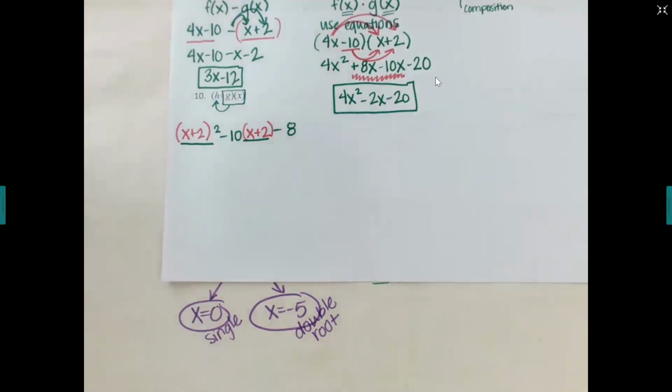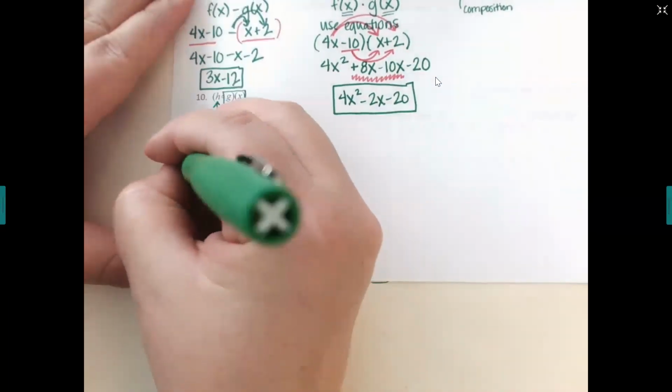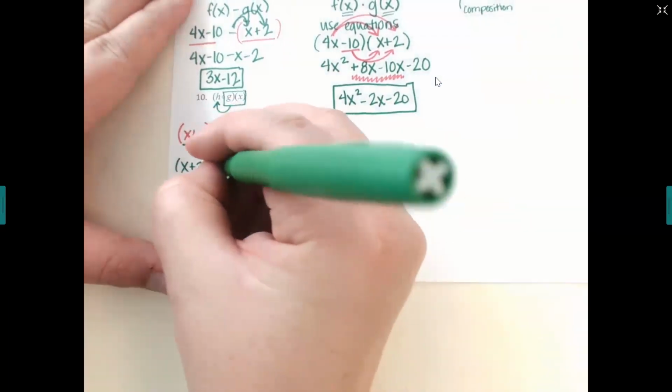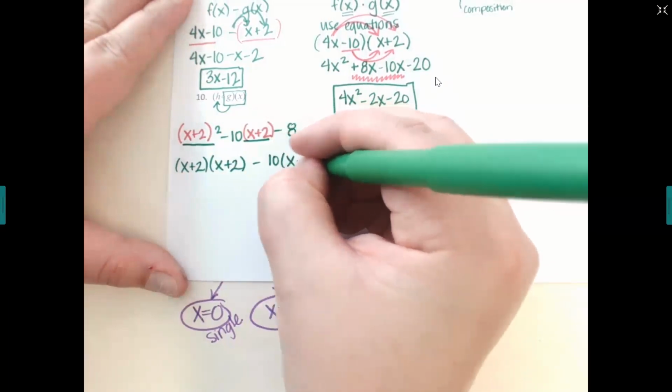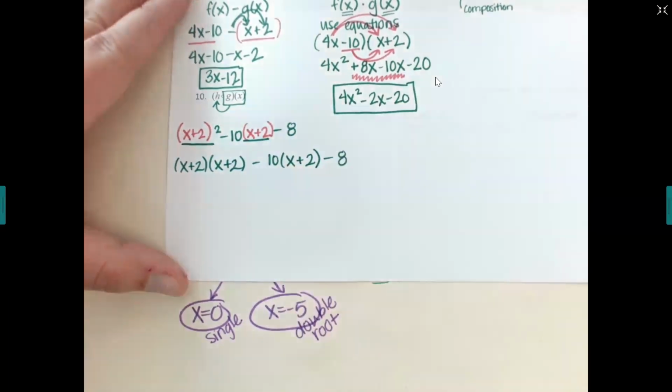Okay, if you did your practice on Thursday, how did we do the x plus 2 squared? Do you remember? Just put it twice and then FOIL it out. Okay, so the x plus 2 squared, it's just going to be x plus 2 twice. So it'll be x plus 2 times x plus 2 minus 10 times x plus 2 minus 8.